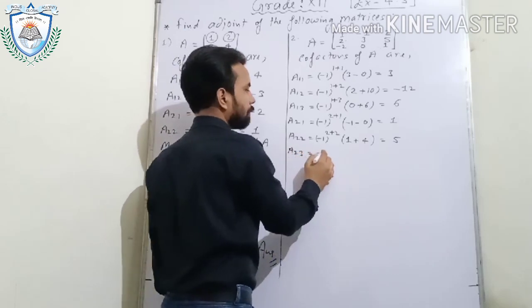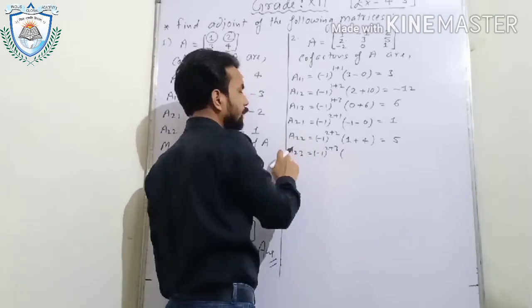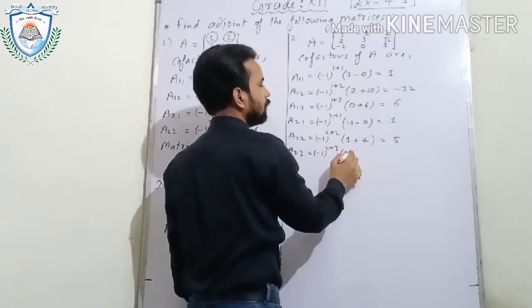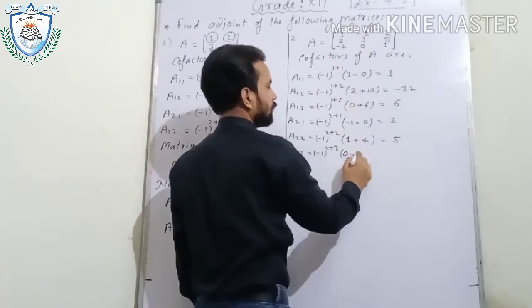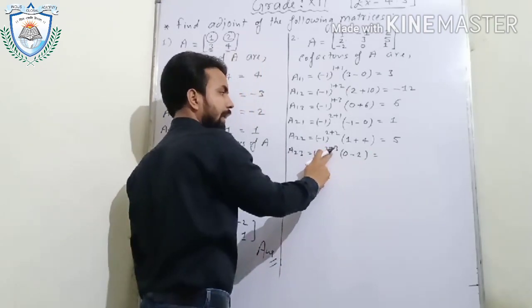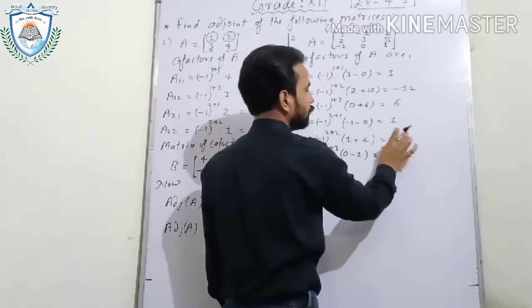A23, minus 1 to the power 2 plus 3. So A23, second row, third column. So 1 into 0 is 0. Minus 2 into minus 1 is plus 2. So this is minus 1 to the power 5, that is negative 1. Negative 1 into negative 2, that is positive 2.